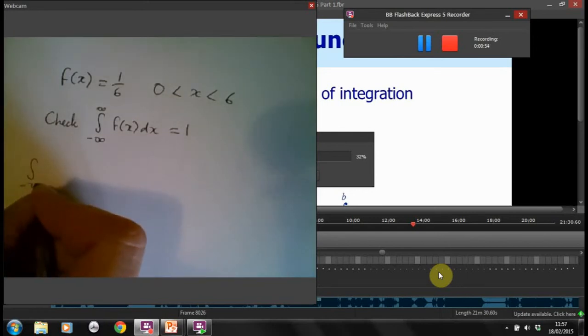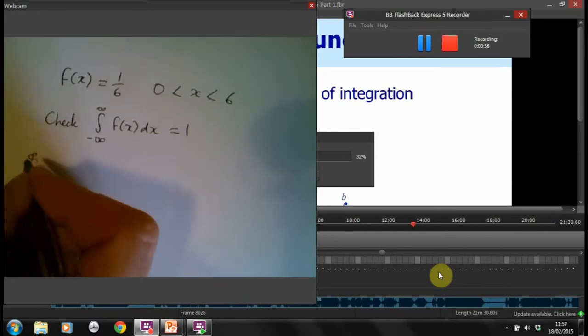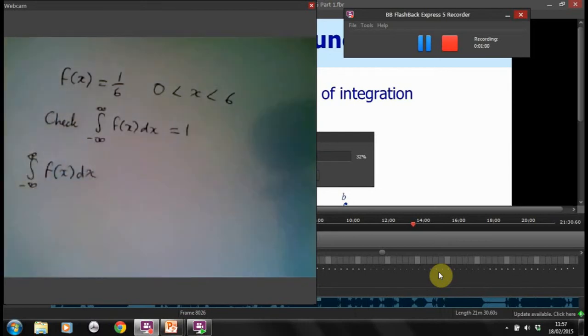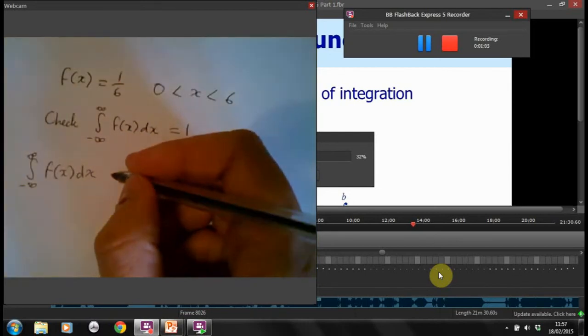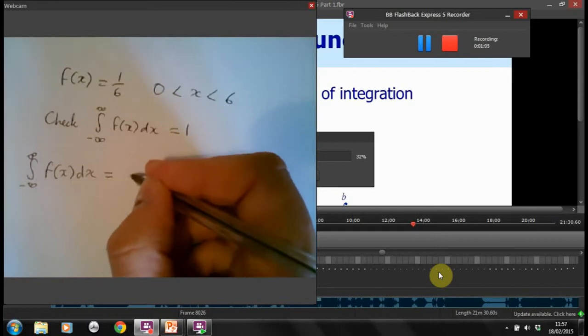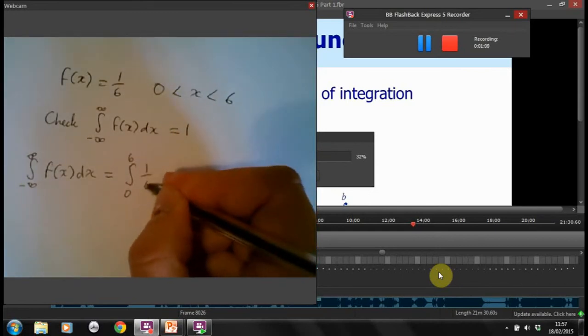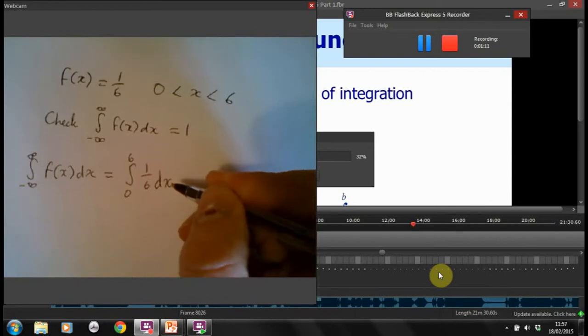So let's think about the integral between negative infinity and plus infinity of f of x with respect to x. In this particular case, that's just going to be equal to the integral between 0 and 6 of 1 over 6 with respect to x.